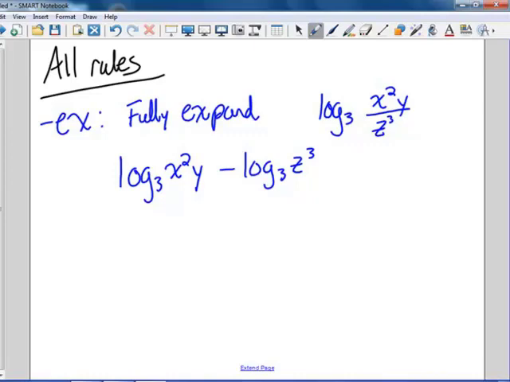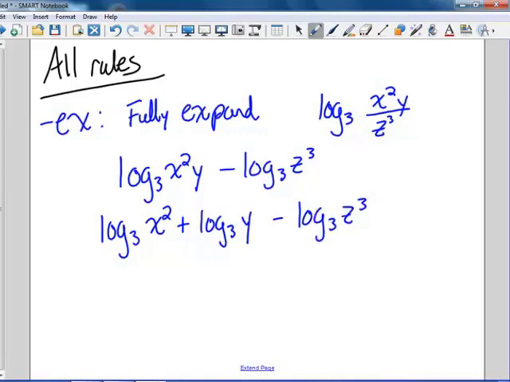So I'm kind of going backwards here. I'm expanding it instead of putting it together. Now I could pull apart the x squared and the y by adding: log base 3 of x squared plus log base 3 of y, minus log base 3 of z cubed.